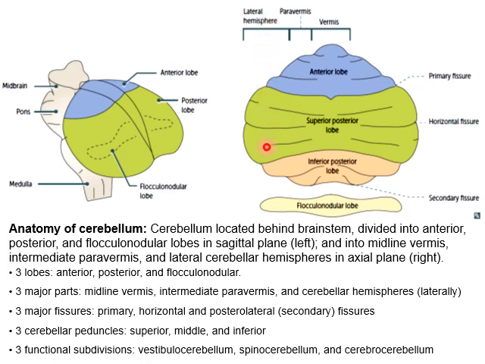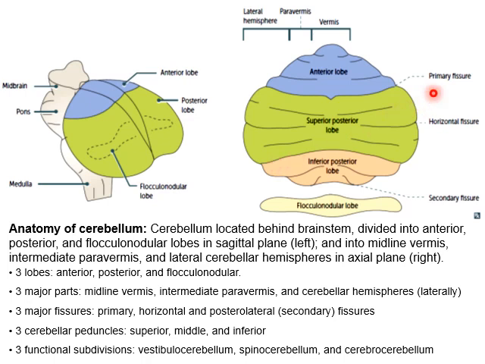So this slide shows you two pictures of cerebellum. Here, when you look at the cerebellum in a sagittal plane, you can see anterior lobe, posterior lobe, flocculonodular lobe. But if you look at it in axial plane, you can see the vermis, paravermis, and the cerebellar hemisphere, which is located most laterally.